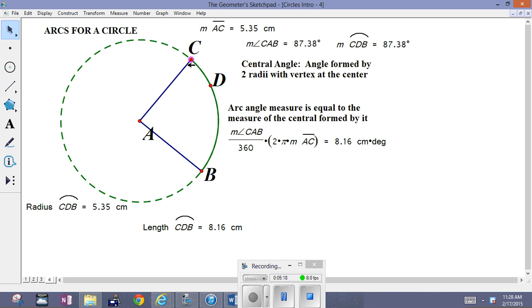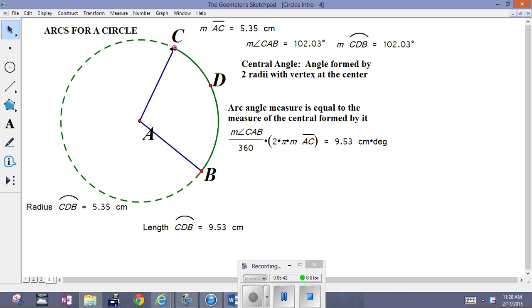This minor arc only needs to be labeled with two letters. CB is a minor arc. I call it CDB just to emphasize that we're going in the direction from C through D back to B, as opposed to going the other way around from C to B. That would be a major arc.